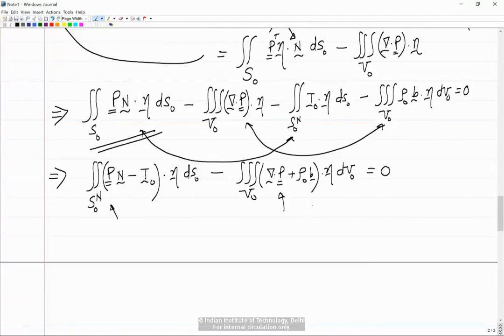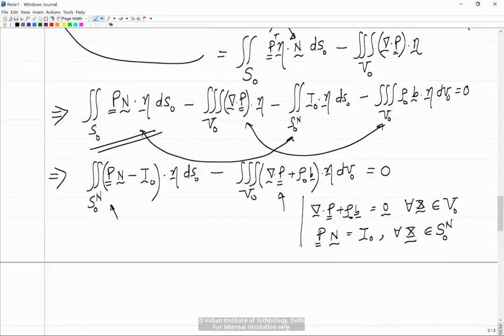So from here, you derive the equation of motion or the governing equation along with the boundary condition for all x in V naught, and the boundary condition is that P big N is equal to T naught for all x in that Neumann surface.